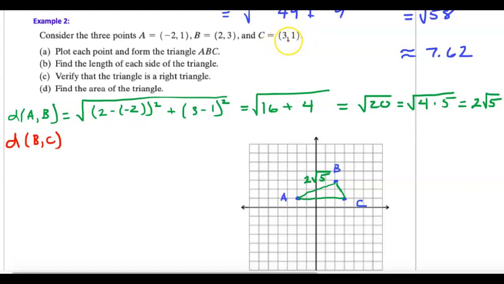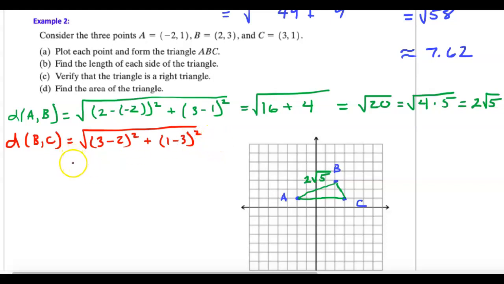Again, I can call either one. I'll call this x2, y2, and this x1, y1. So the difference of my x coordinates, so 3 minus 2 squared plus the square of the difference of my y coordinates, so 1 minus 3 squared.